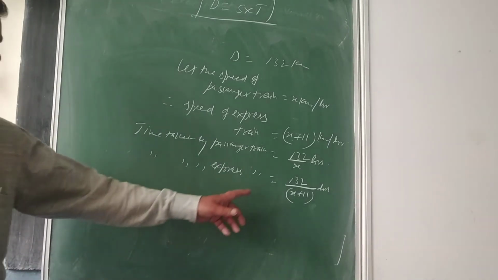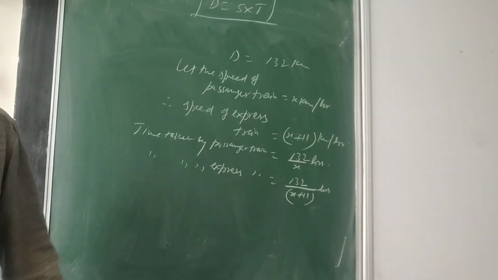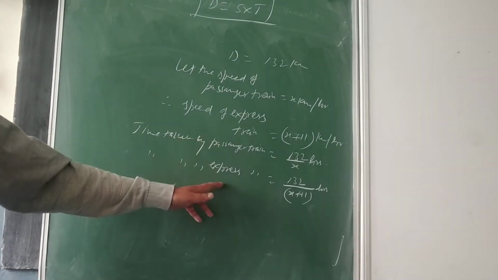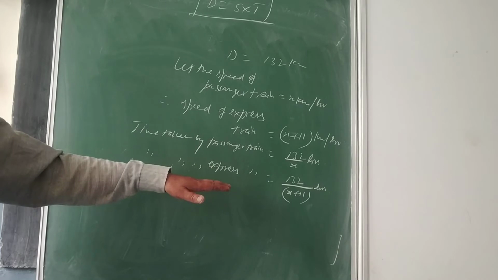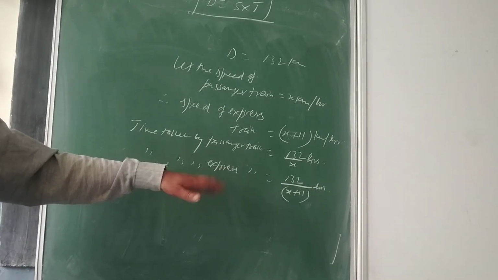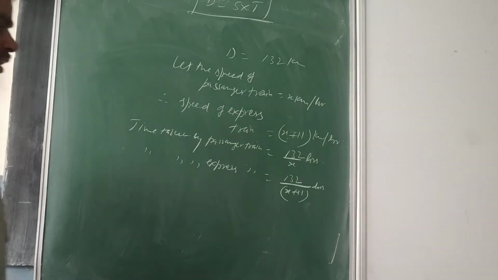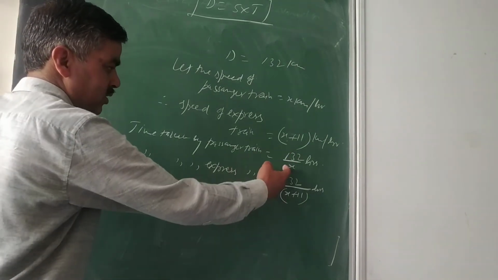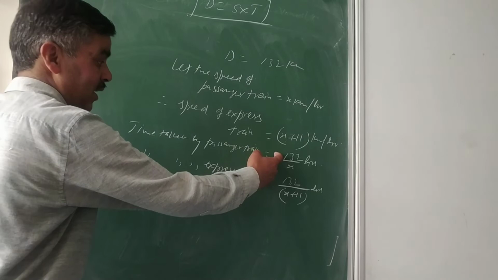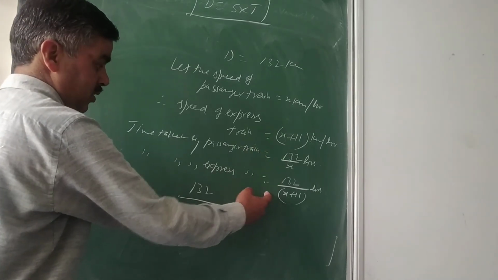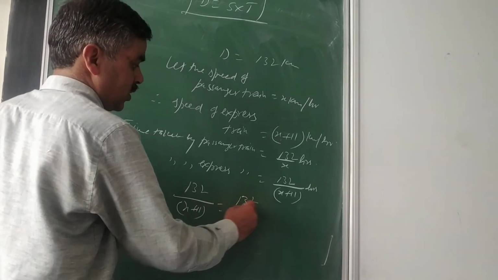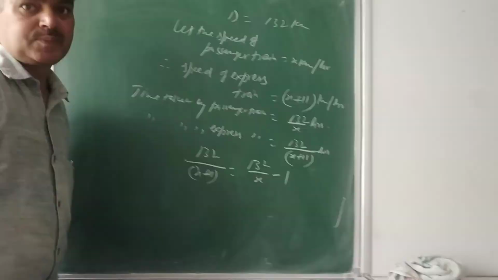So directly you can write time taken by the passenger train minus time taken by the express train is equal to 1. Or you are saying the passenger train is taking 132 upon x, and 132 upon x plus 11 will be equal to 132 upon x minus 1.